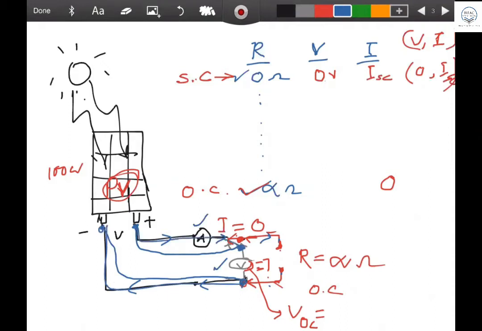Actually, one point of the voltmeter is connected to the positive terminal of the PV panel, and the other point is connected to the negative terminal of the PV panel. Do you get it? Yes, sir. If the voltmeter is connected to the positive terminal and the negative terminal of the battery, then what will the voltmeter reading be?